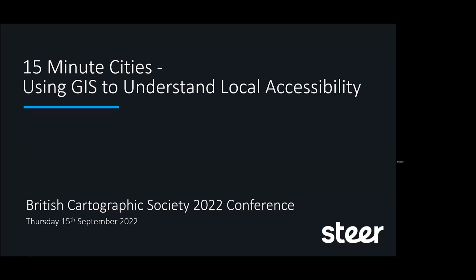The index of multiple deprivation has some access to services indices, and DFT also have access to services metrics. But when we looked at some of the services included in those data sets, we thought they lacked some of the detail that we were interested in finding out.